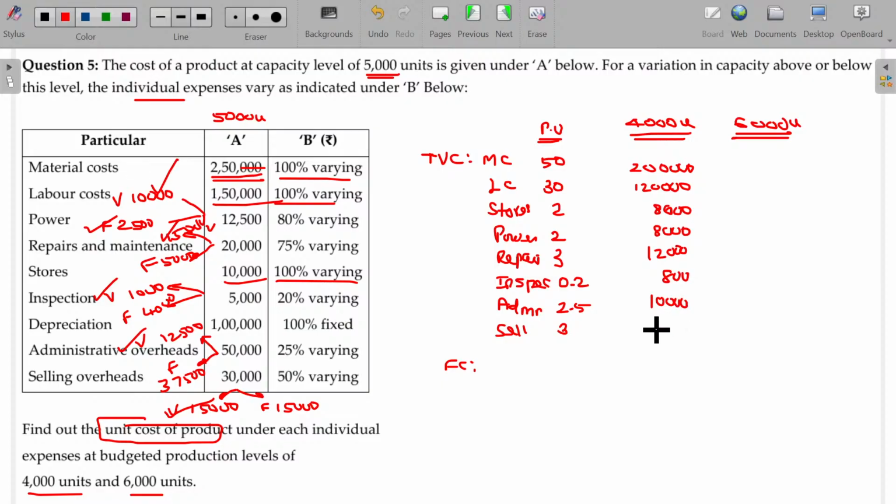This is 12,000. What is the value for the stores? 8,000. Okay. Get me the total of variable cost.